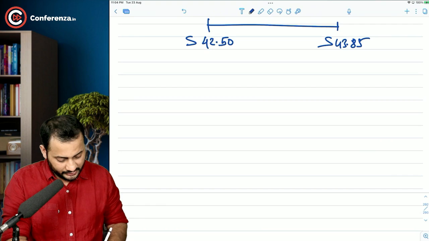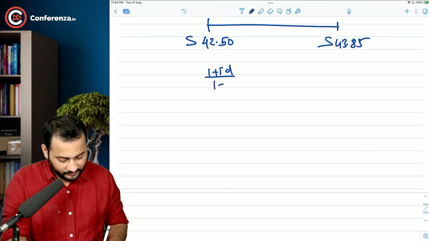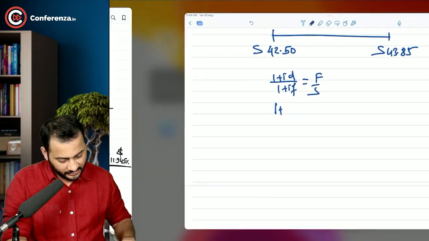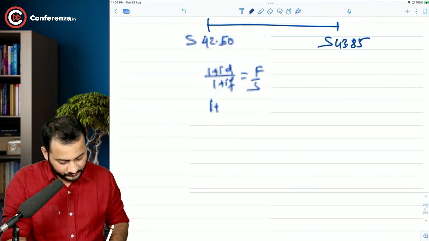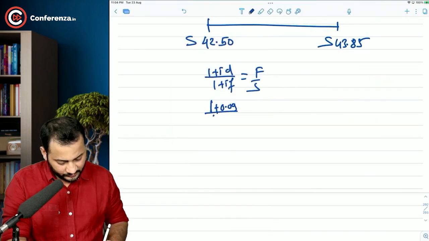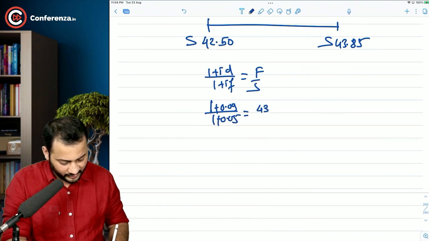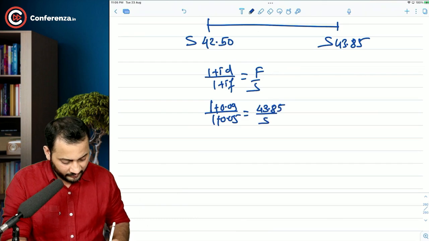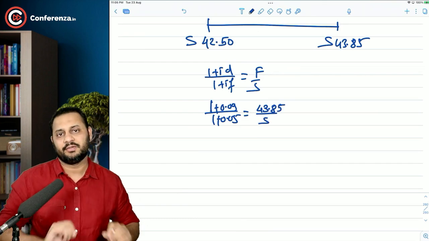So what I can do is (1 plus ID) divided by (1 plus IF) is equal to F by S. Now ID, 1 plus rate of inflation in our country is 9%. So that's 1.09 divided by 1.05 is equal to forward rate 43.85, and we want to calculate the real rate.